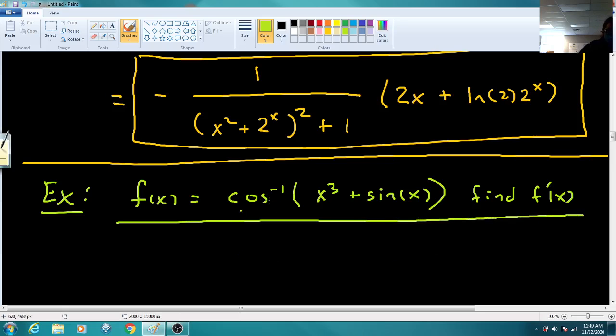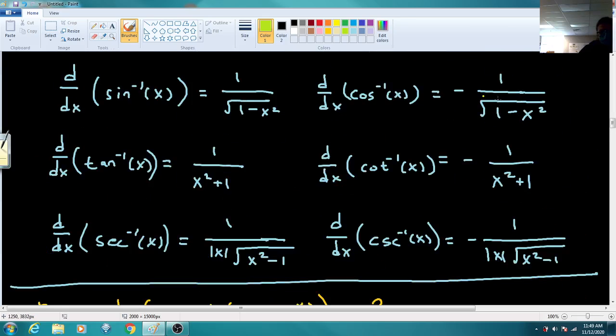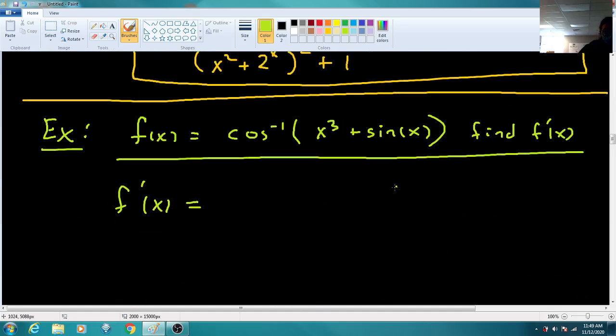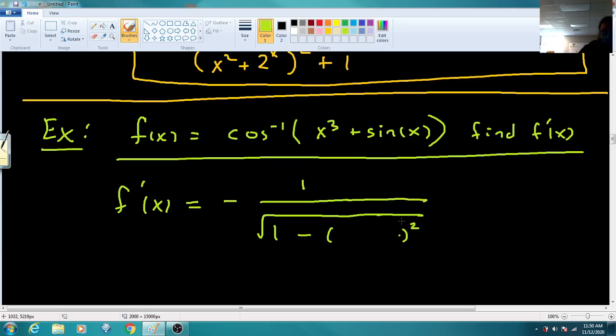So first of all, I need to take the derivative of arc cosine. That's the outermost function, so the chain rule applies here. I'm going to take the derivative of the outermost function using that equation, and leave a blank where the x used to be. Arc cosine's derivative is negative 1 over the square root of 1 minus x squared. So this is negative 1 over the square root of 1 minus, and I'll create some space and make that squared.